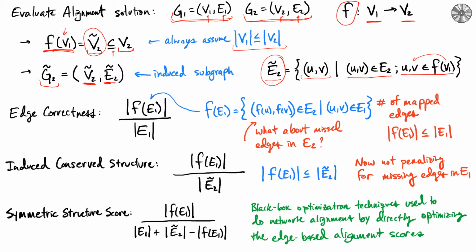All right, so now we're prepared to talk about some different ways to evaluate this mapping. And so we're going to introduce one more notation, your favorite thing. This f is really a function that operates on vertices, but we're going to use this not quite correct notation, but I think it's intuitive, which is to say we're going to operate f onto an edge set here.